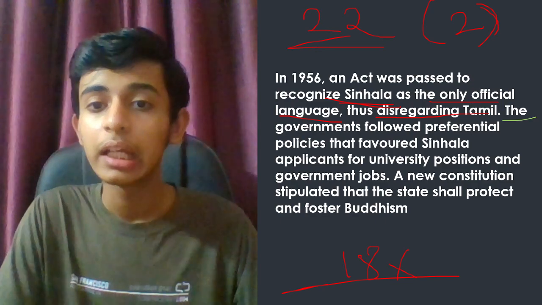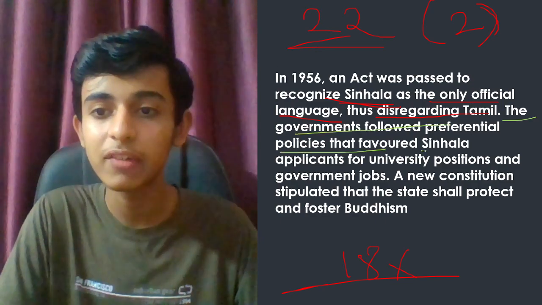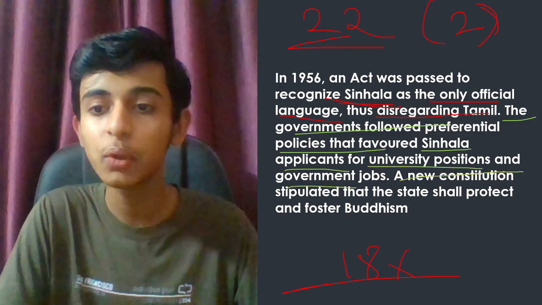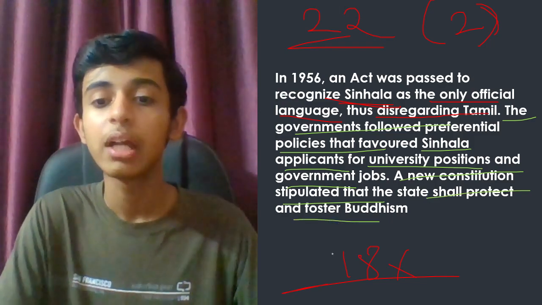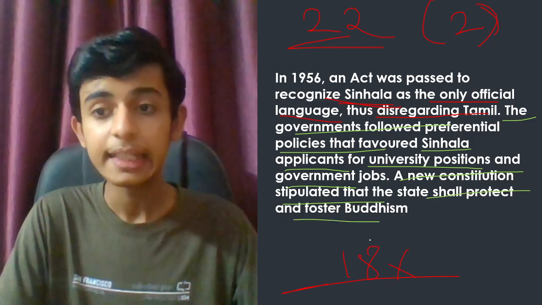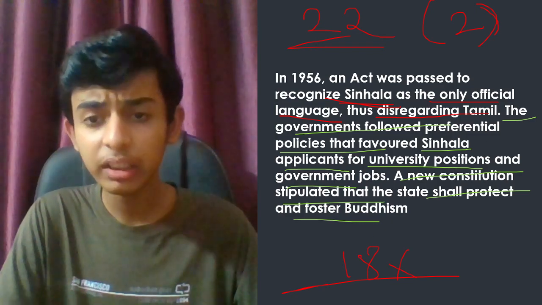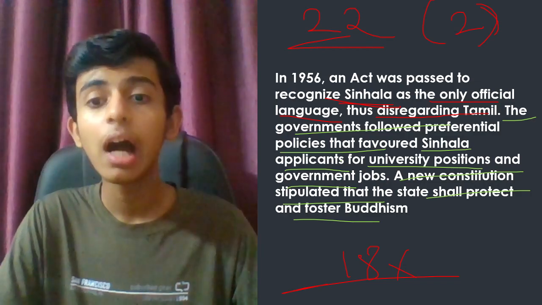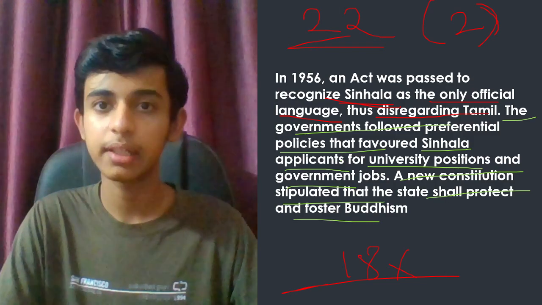The governments followed preferential policies that favored Sinhala applicants for university positions and government jobs. A new constitution stipulated that the state shall protect and foster Buddhism. Now see, what was the constitution saying? That Sinhala applicants are going to be favored for university positions and government jobs.